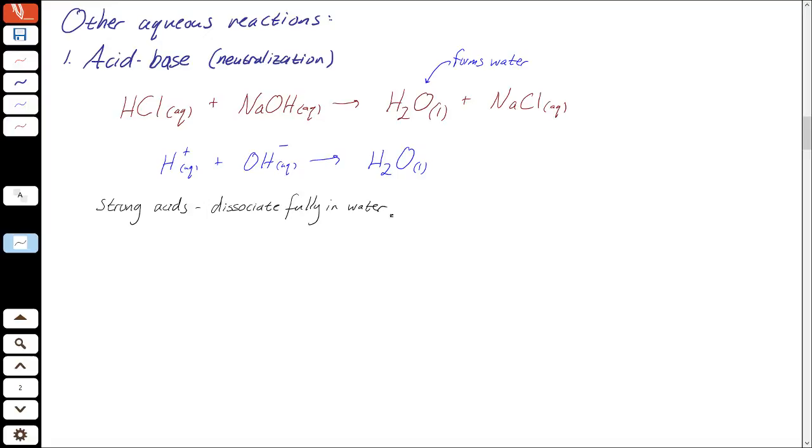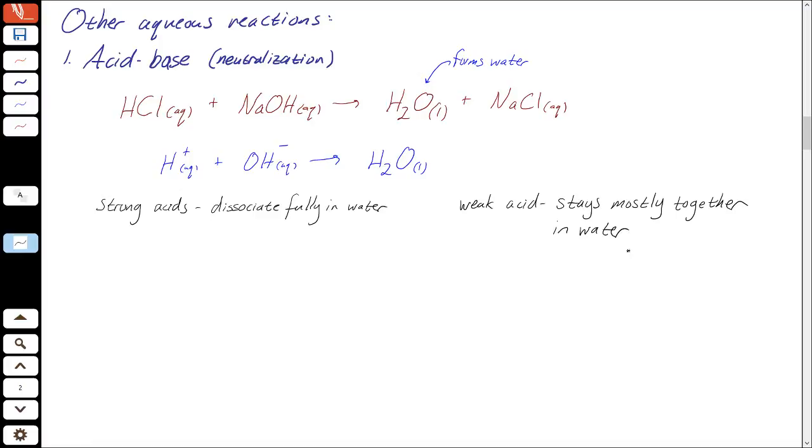Strong and weak has to do with strong and weak electrolytes. So a strong acid will break up into ions in water and be a strong electrolyte. A weak acid will not. So a weak acid stays mostly together in water and only dissociates a little bit.